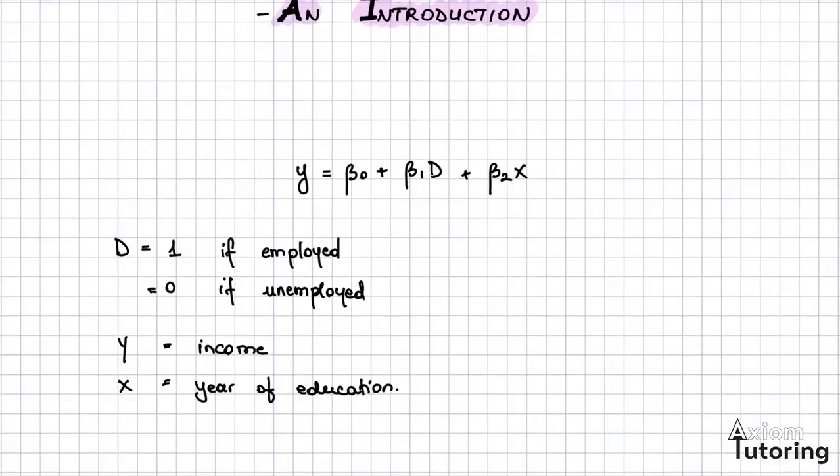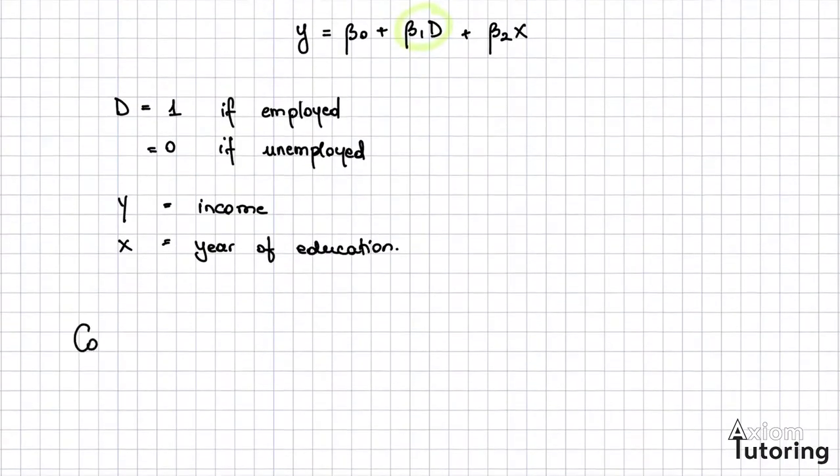In order to check how exactly this dummy variable is affecting our regression line, we're going to work with cases. We're going to first take the case where the dummy is equal to 0. What we're doing is selecting and looking at people that are unemployed.